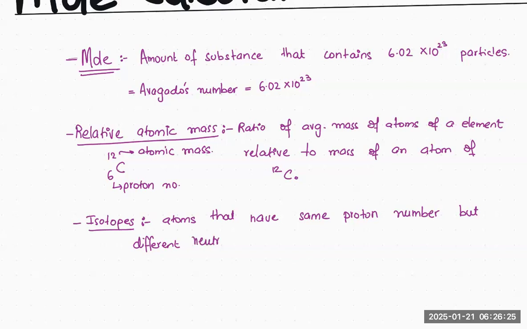So atoms that have the same proton number but different neutron number are referred to as isotopes.